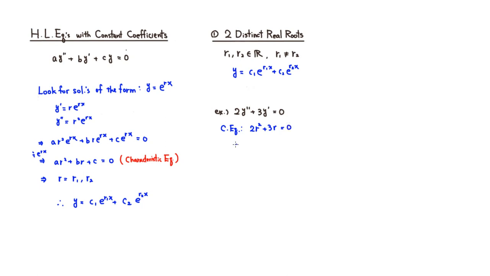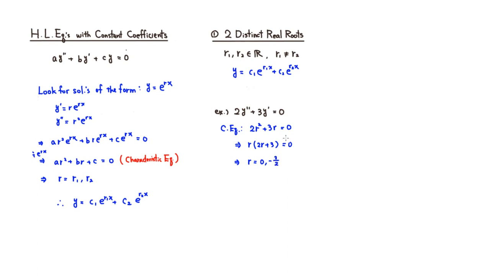Then you can factor out r, and you have r times 2r plus 3 is equal to 0. So we have two values: r is equal to 0, and if you set 2r plus 3 equal to 0, you get negative 3 halves.